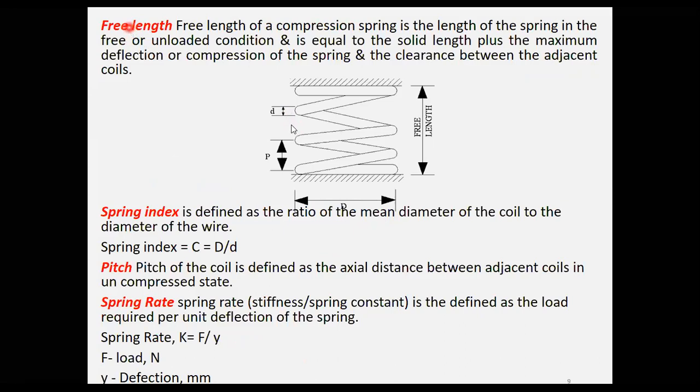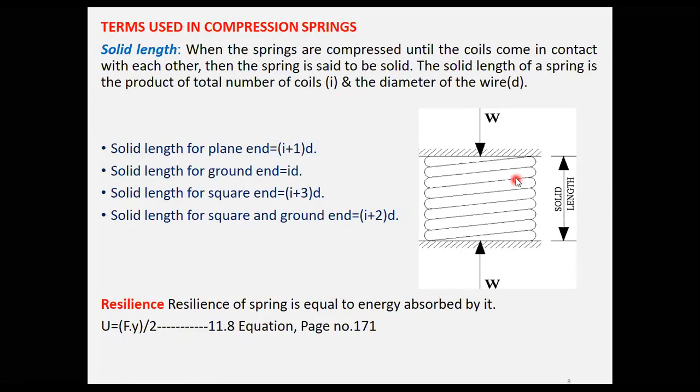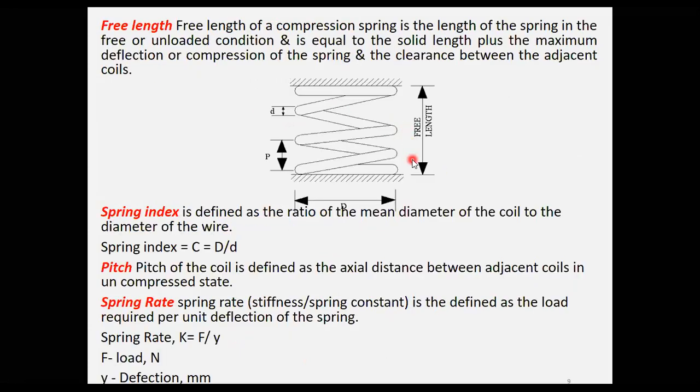And next one, here you can see that this is the solid length, means you applied the compression load. Here both the coils are coming in contact with each other, whereas this is without applying load, that is free length. You don't apply any load on the spring, you just measure the length of that.